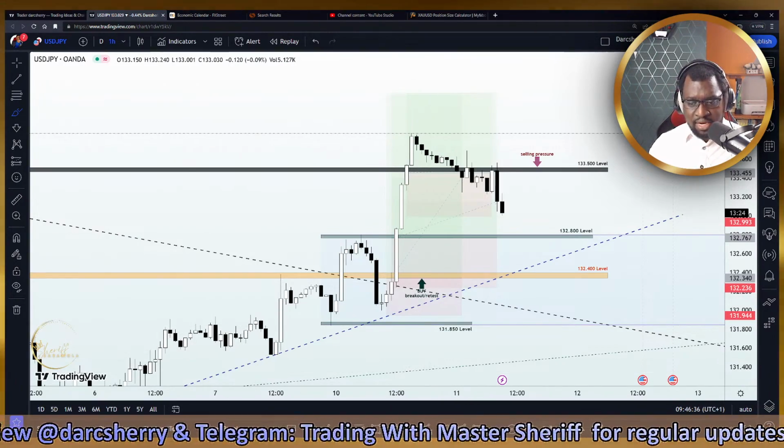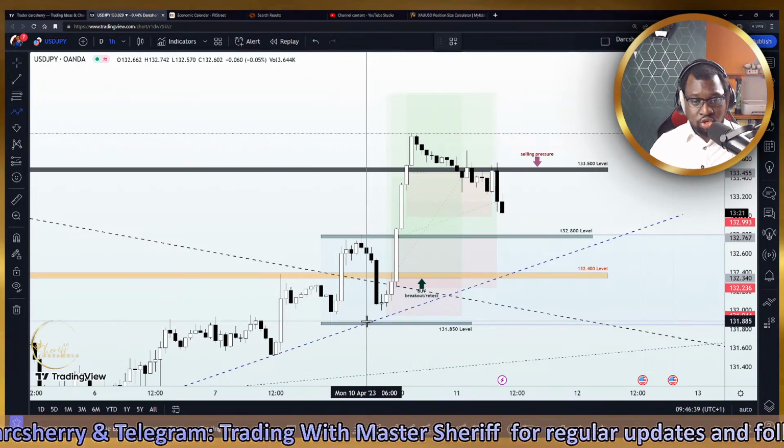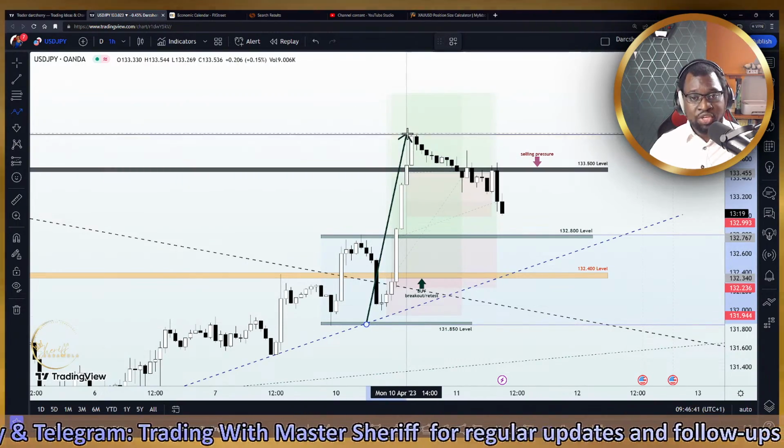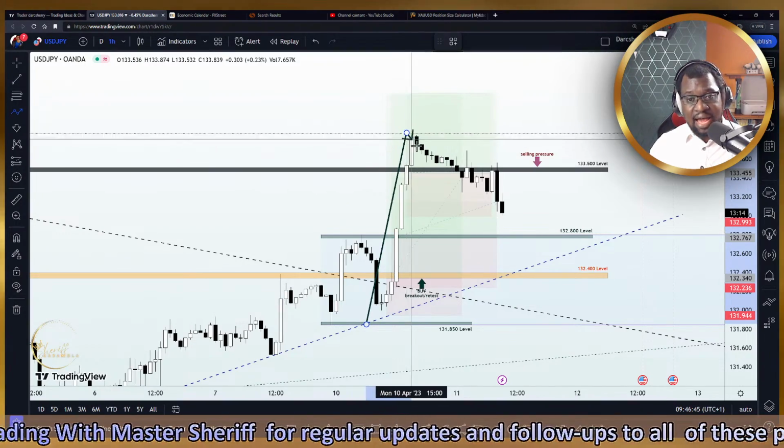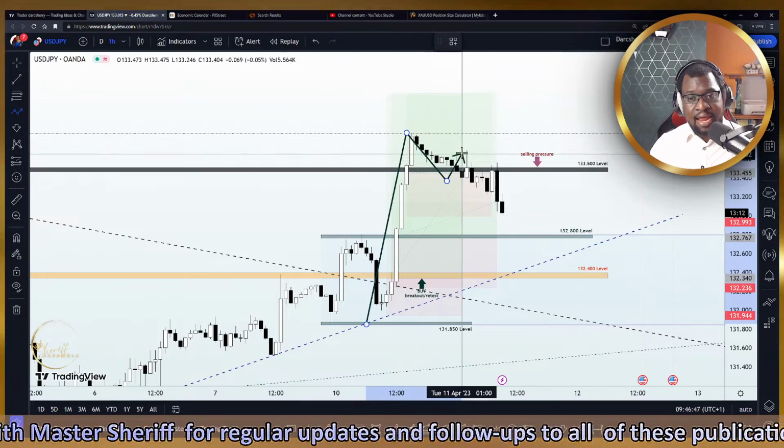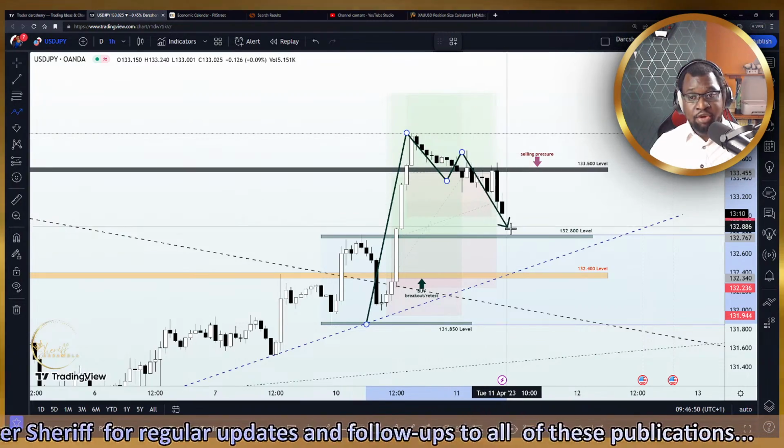So remember at the beginning of the week, yes, that was yesterday, we saw this impulsive move to the upside which culminated at the 133.870 level. And as you can see here, it appears that we are going through a retracement phase.